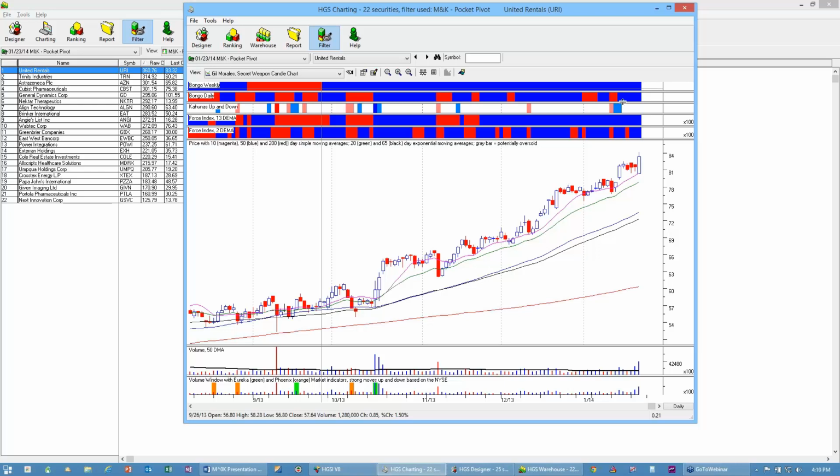Now, going back to this area right here where we had the big red candle down in the Bongo Daily, which is based upon the daily move rather than the weekly move, it turned red, but notice that the Bongo Weekly stayed blue. So it just depends on your ability to sustain big one-day moves down or down moves like that.